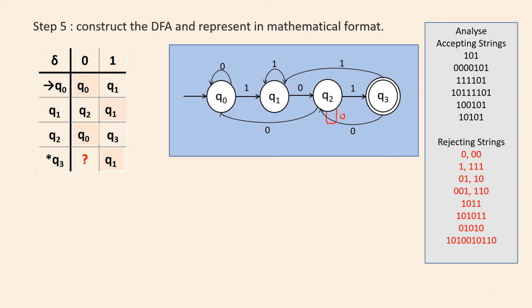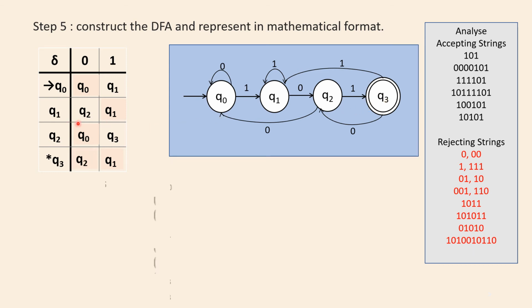That is, a string with 1 followed by 0 with n number of zeros ending with 1 should get rejected, but the DFA is accepting. Therefore, I cannot loop zeros to Q2. The same way, if I have 1, 0, n number of zeros, it comes back to Q0, gets looped here, and again it has to end with 1, 0, 1.